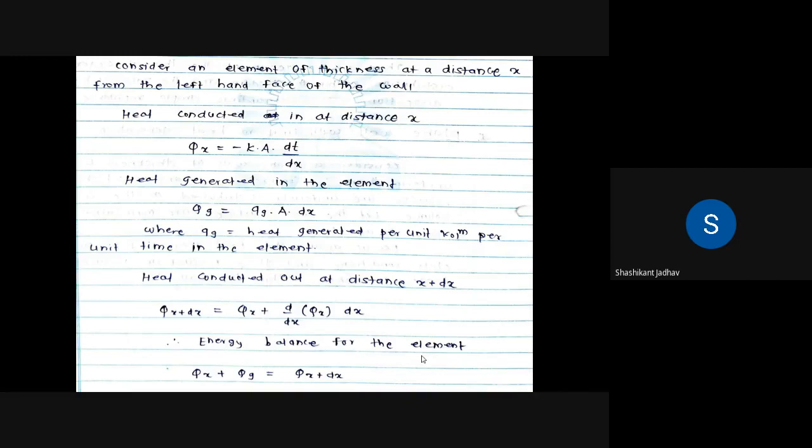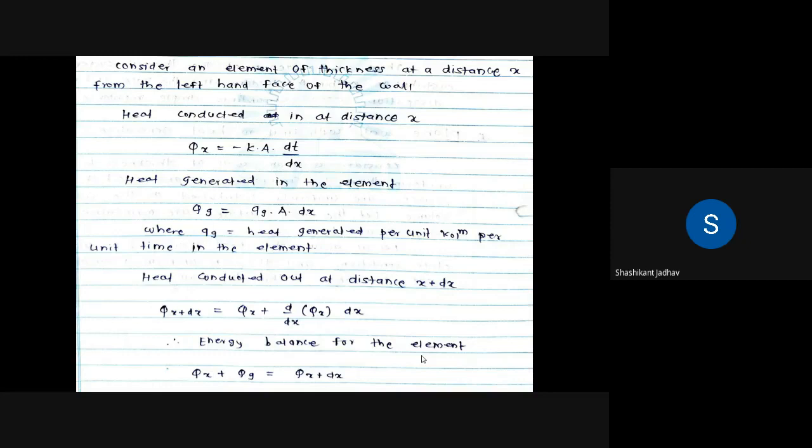Capital Qg is equal to small qg into A into dx. So in the general heat conduction equation in the Cartesian coordinate system, we have written this equation for the Qg. Small qg is nothing but heat generated per unit volume.